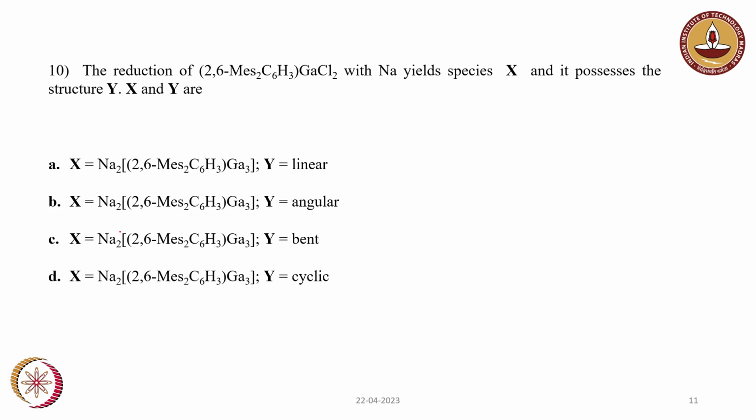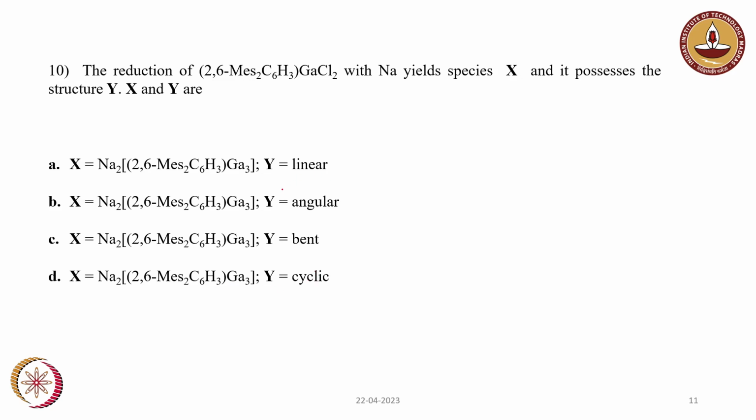Option B is Na2[(2,6-Mes2C6H3Ga)3] and angular structure. Option C is Na2[(2,6-Mes2C6H3Ga)3] and bent structure. And option D is Na2[(2,6-Mes2C6H3Ga)3] and the structure is cyclic.